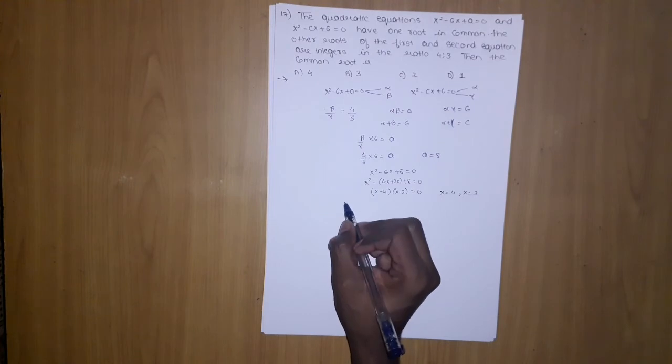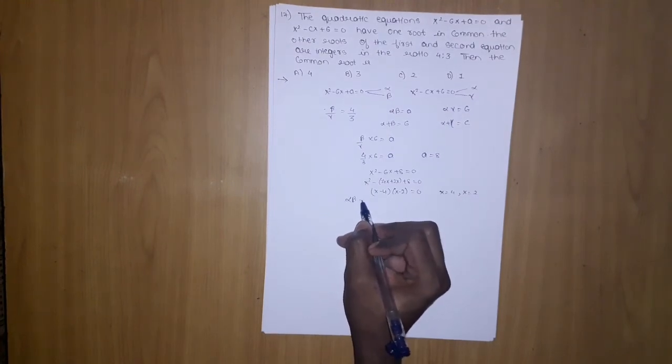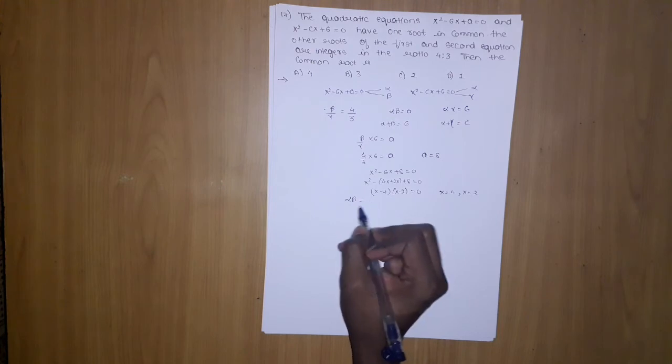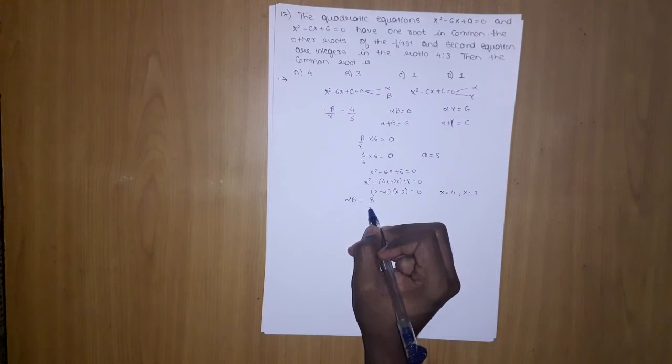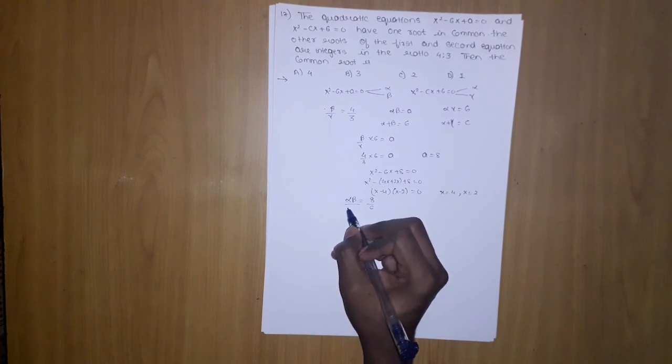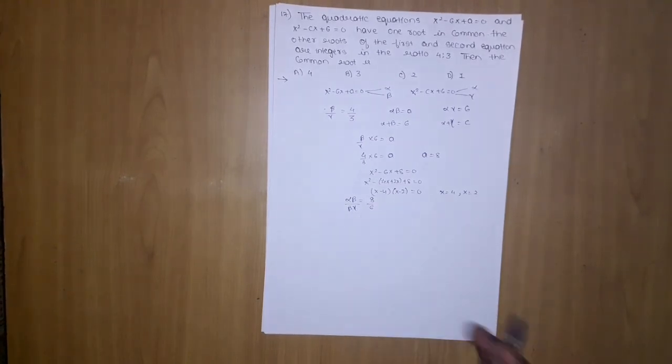Now let's see, alpha into beta is 8, and alpha into gamma is 6, and we have to find the common root.